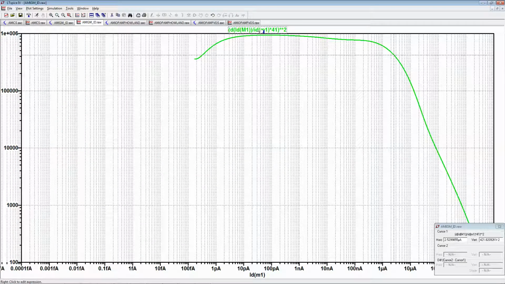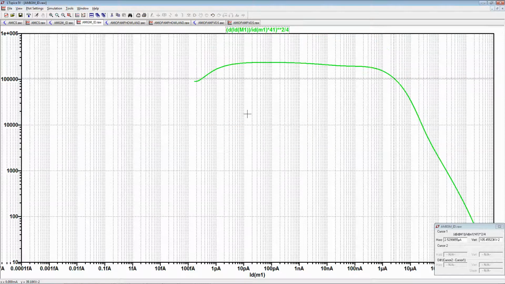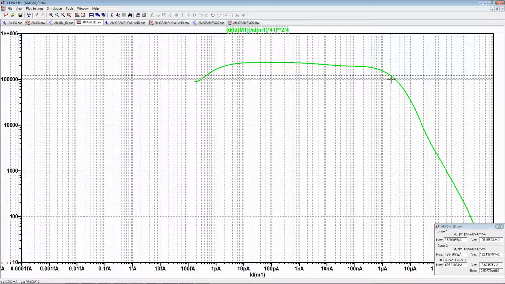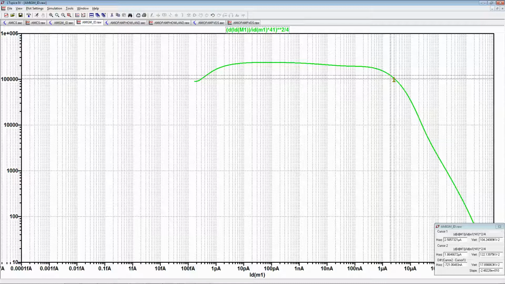Okay, and by 4. So I should be getting, according to that model, I should be getting 104, a gain of 104,000.